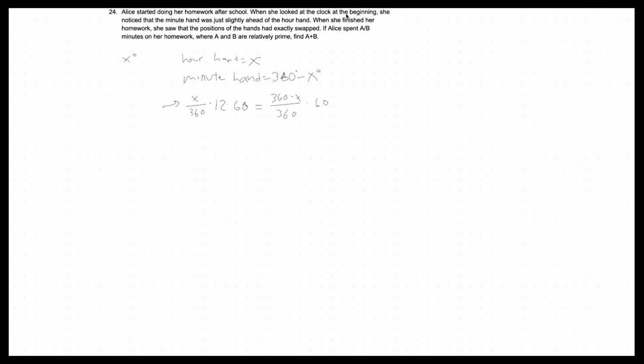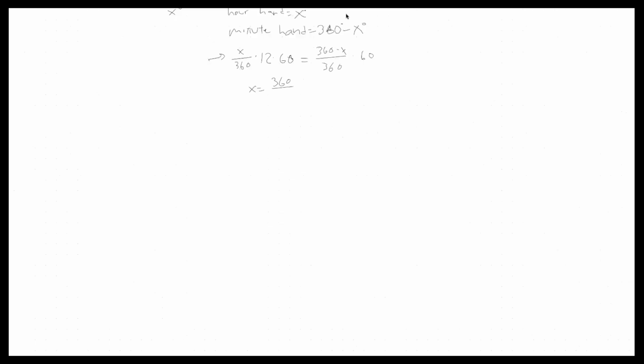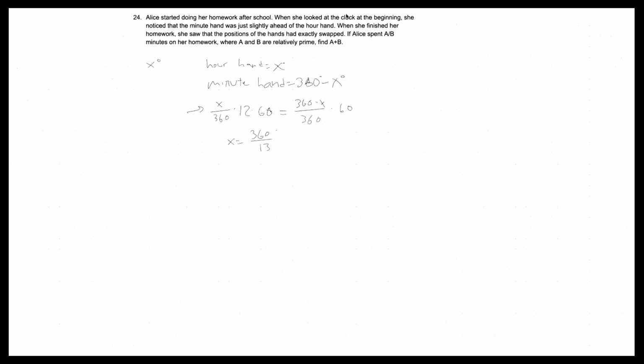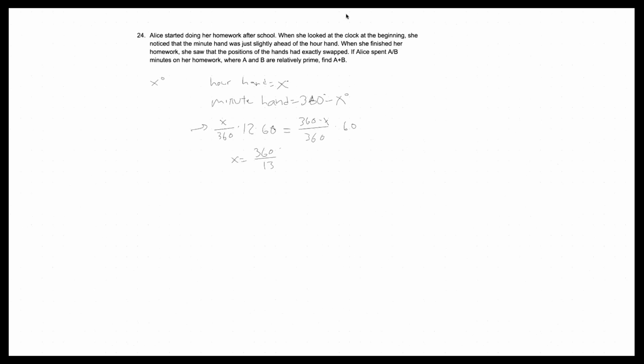So x would be 360 over 13 degrees. Then you plug that into either equation, and you see that Alice spends 720 over 13 minutes doing her homework. So then you add A plus B, and your answer will be 733.